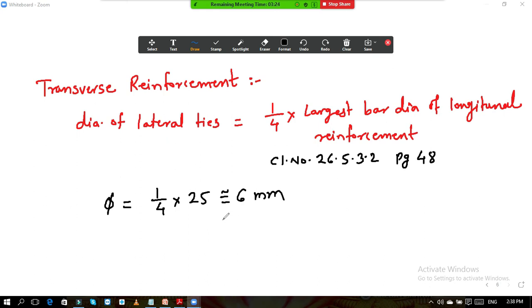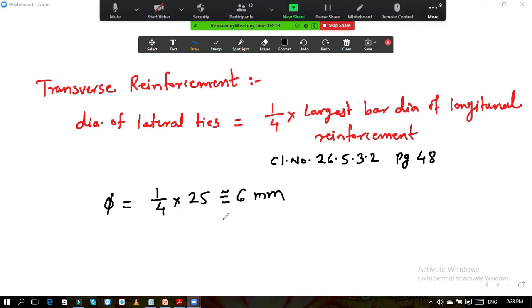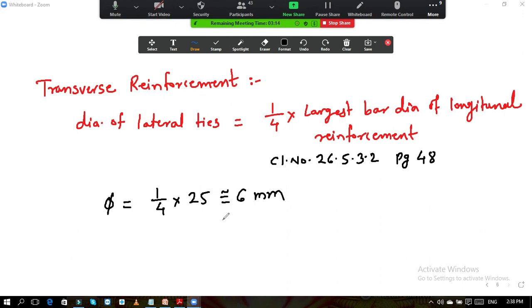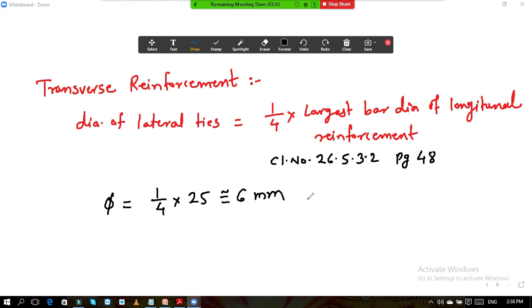It doesn't matter. So now I will write here: provide 6 mm bar diameter.